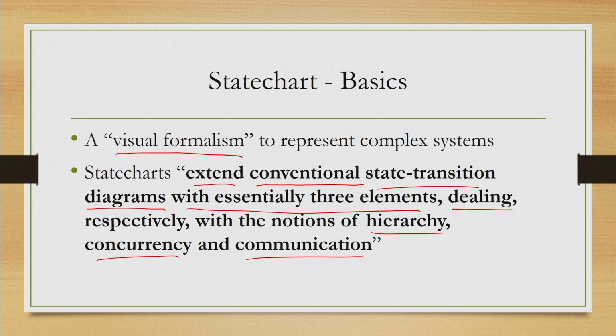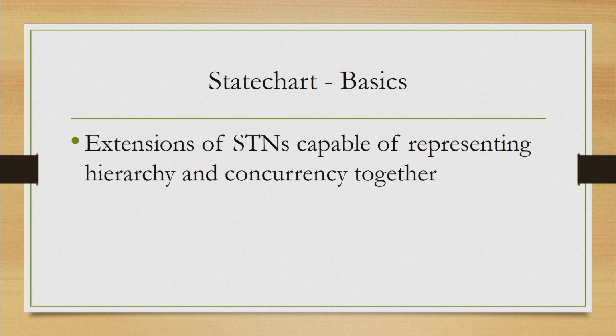So, state charts are nothing but state transition networks in a modified form, and they are capable of representing hierarchy and concurrency together. That is the main advantage of having a state chart notation over hierarchical state transition networks.